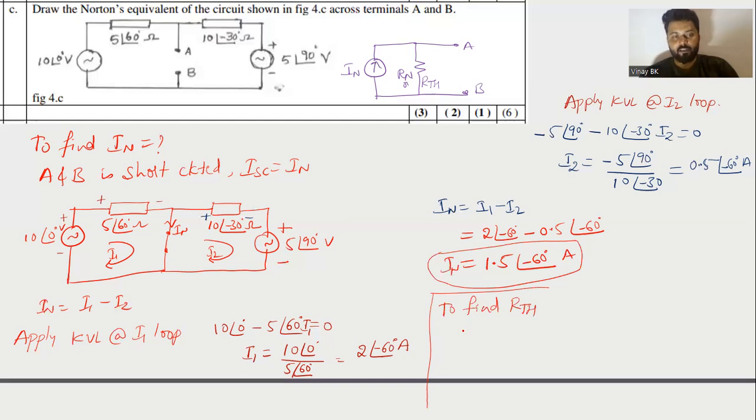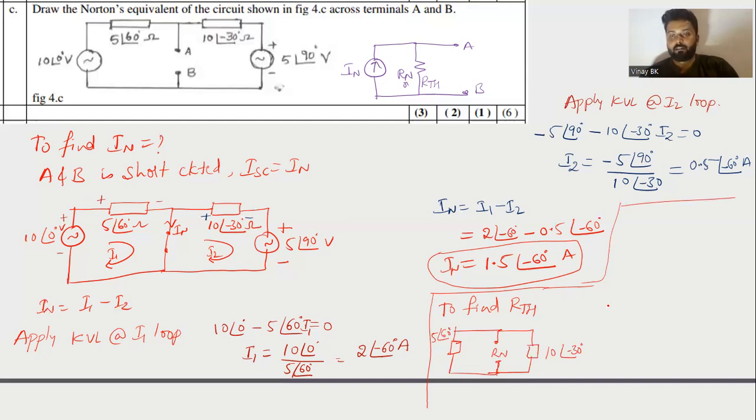Voltage source becomes short circuit, current source becomes open circuit, so that you can get like this. Here this is your RTH or else RN. Here there will be one more impedance. The values of impedances are 5 at an angle of 60 degree and 10 at an angle of minus 30 degree.